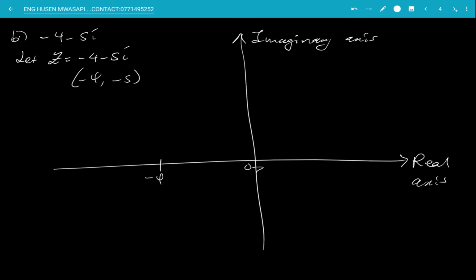Now any point in the negative imaginary axis will be our minus 5. Then when you connect these dots, this point of intersection is our z. By doing this, you have simply graphed your complex number. Just as simple as this.